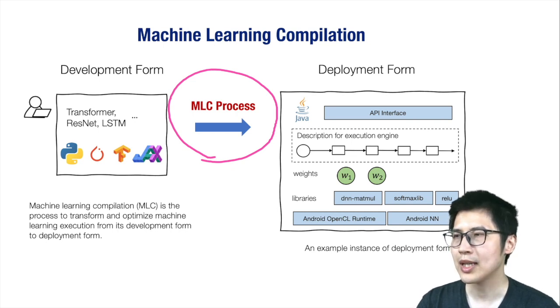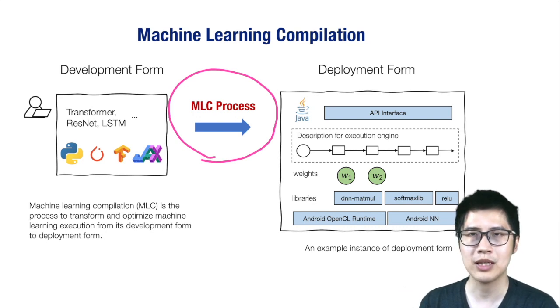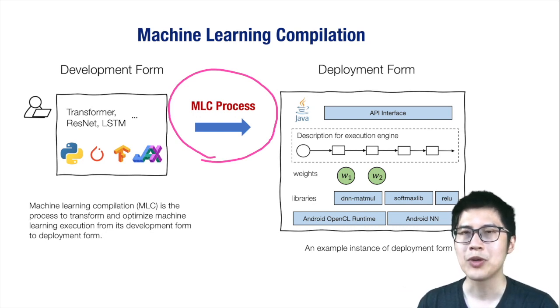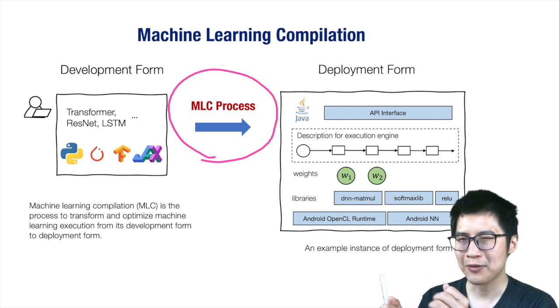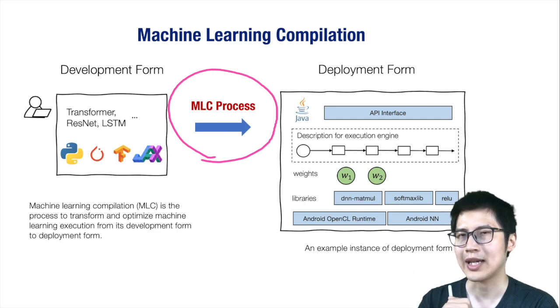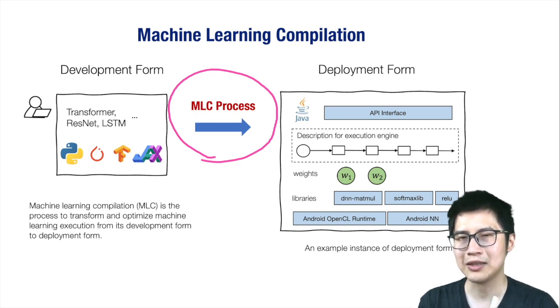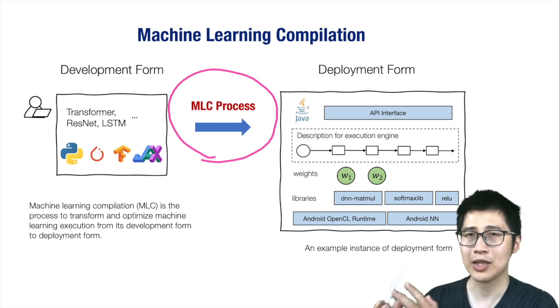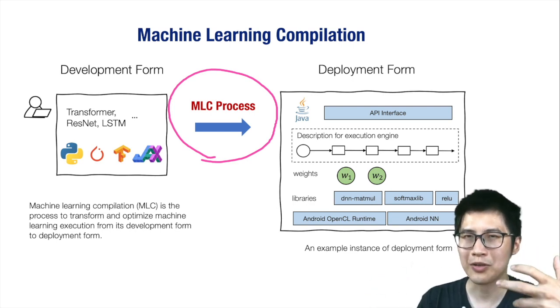And importantly, this MLC process doesn't necessarily have to be fully automatic. For example, we could say, if I'm a developer, I'm going to identify these higher level machine learning models like an object detection model. I'm going to hand wave everything and package them together and put them in deployment form. We still call that process machine learning compilation, except that this compilation is done with engineering involvement.